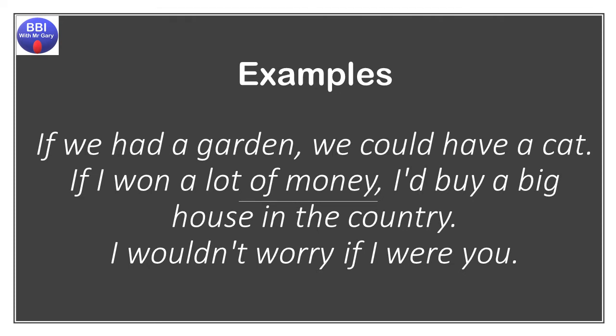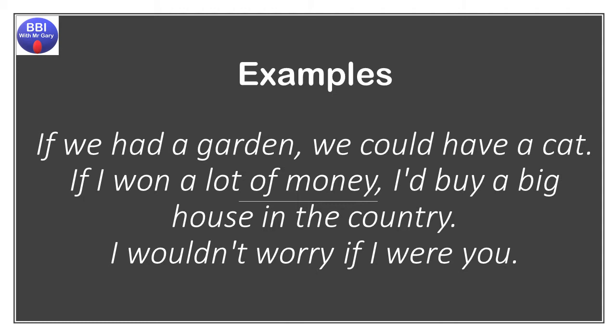Example number 1. If we had a garden, we could have a cat. Example number 2. If I won a lot of money, I'd buy a big house in the country. Example number 3.